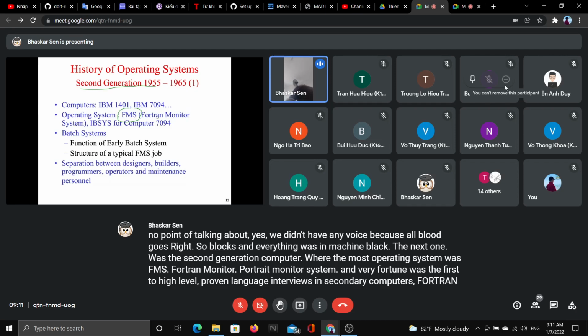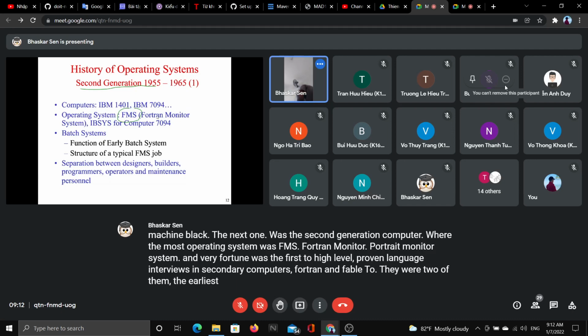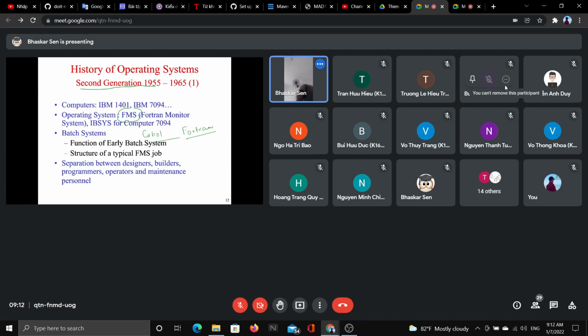Fortran and COBOL, too. There were two of them, the earliest high-level programming languages. Fortran used to be used for scientific research purposes, and COBOL for accounting.